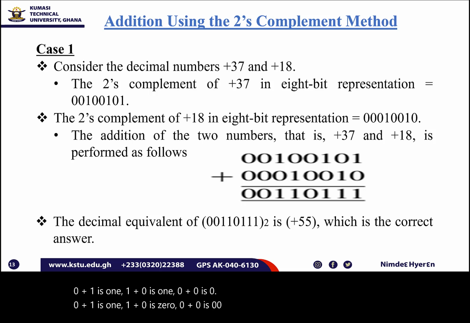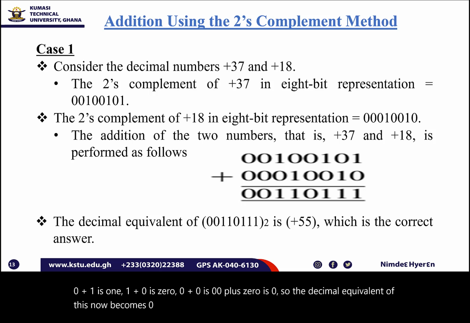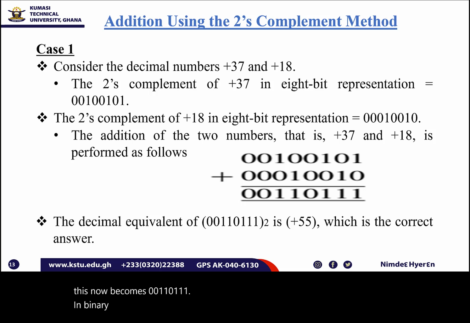So the result now becomes 0, 0, 1, 1, 0, 1, 1, 1 in binary, which is the equivalent of 55, which is the correct answer.